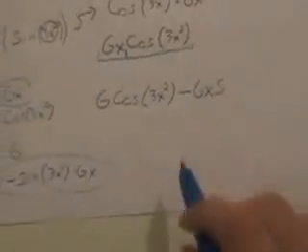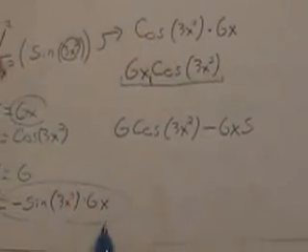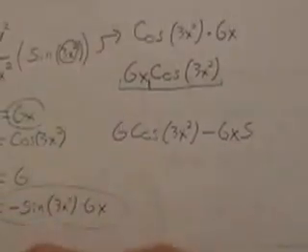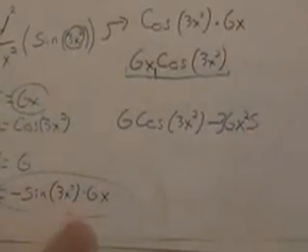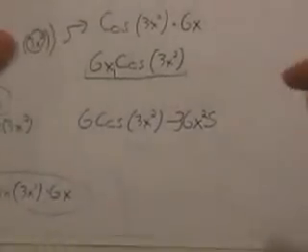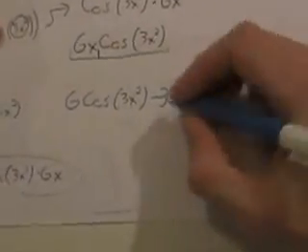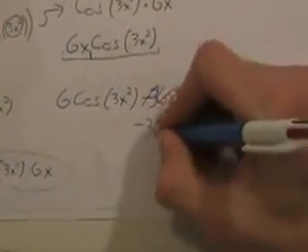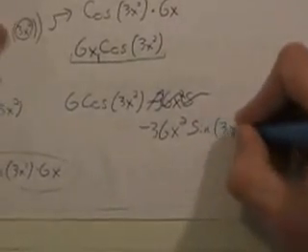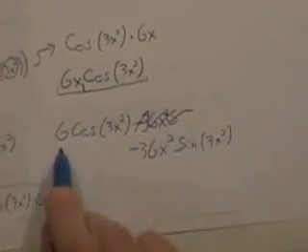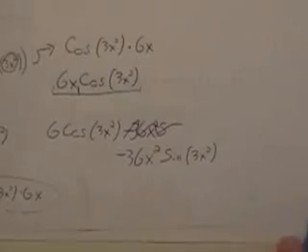Oh no, wait, that's minus the 6x, and this 6 will give me 36x squared. Yeah, 36x squared sine. Let me scratch that out. Minus 36x squared sine of 3x squared. So it's this minus that. Two derivatives.